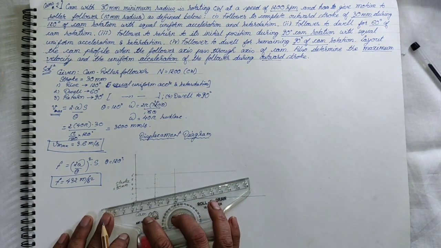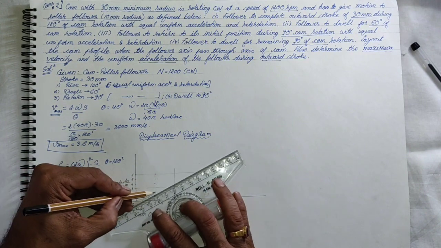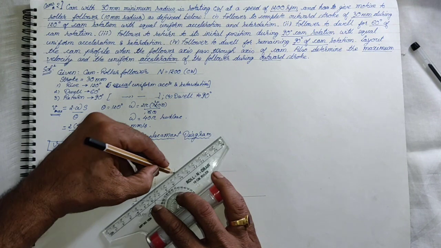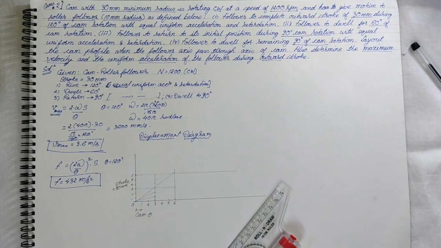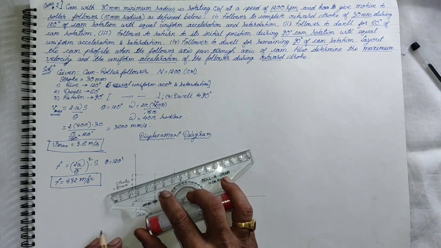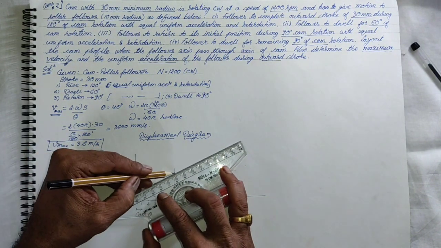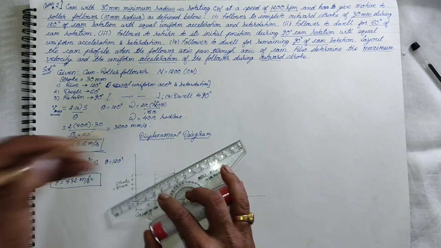So we'll join the 0, right? And then this is for the latter part, that means for the retardation part.